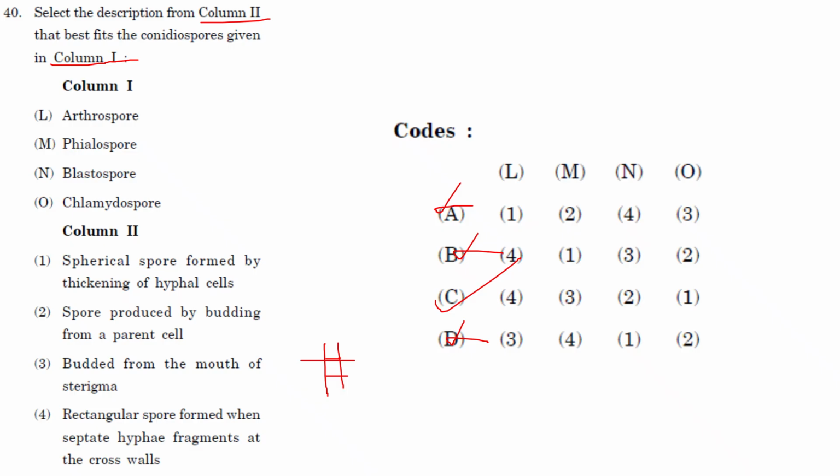So N will be 2. And chlamydospores are usually formed to withstand adverse environmental conditions. So O is 1. So the answer is option C.